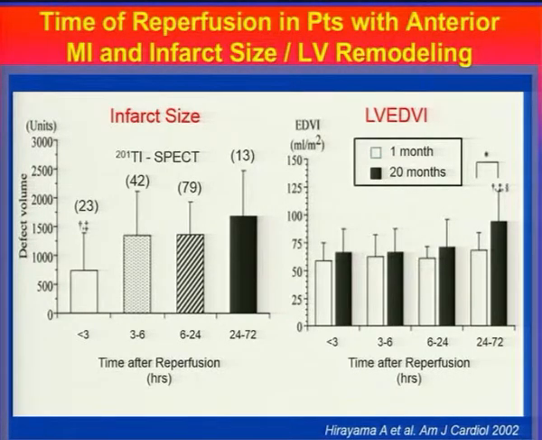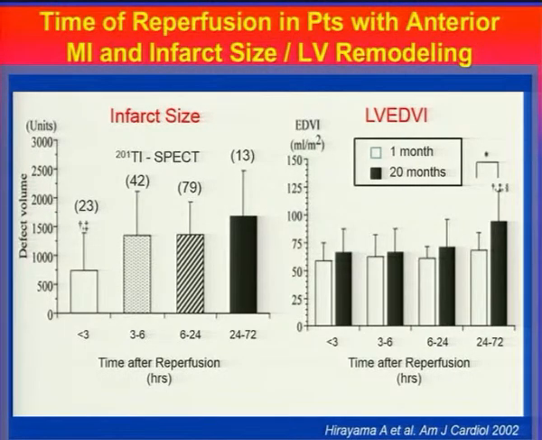However, in a late stage, that means 1 month or 20 months later, EDV, the volume of the left ventricle, is the same even with reperfusion within 3 hours or even 24 hours. And after that, in the later phase, left ventricular volume is increased.